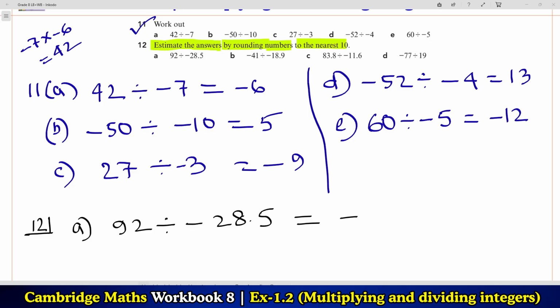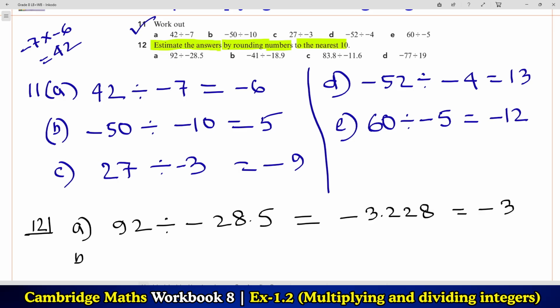The result is 3.228. It's not more than 3.5. If 3.5, we can count 4. So in this case, the result is -3. It should be an integer, right? Next one.